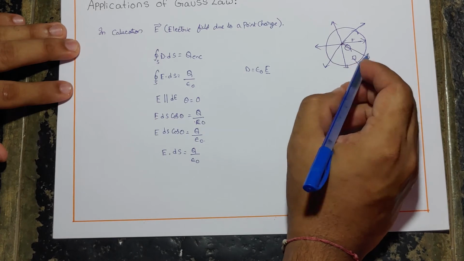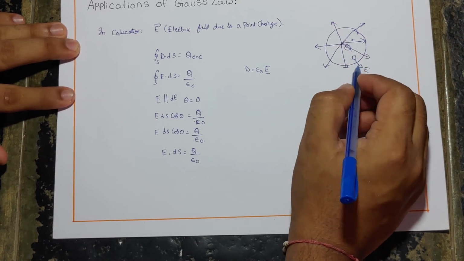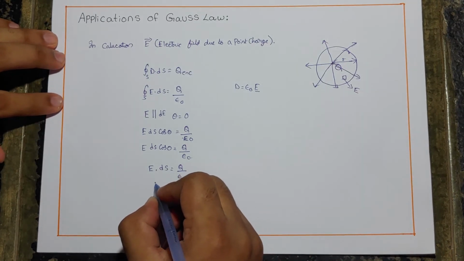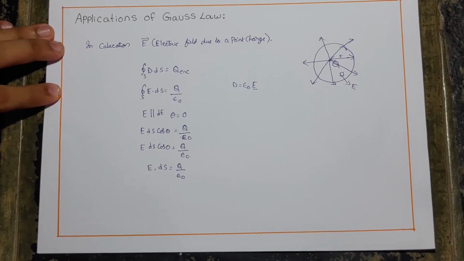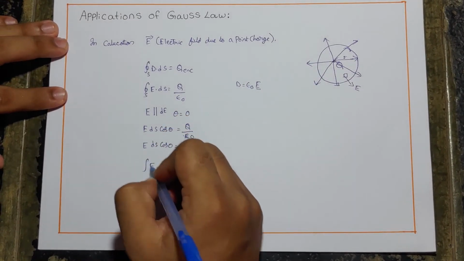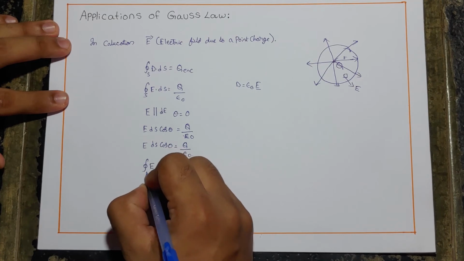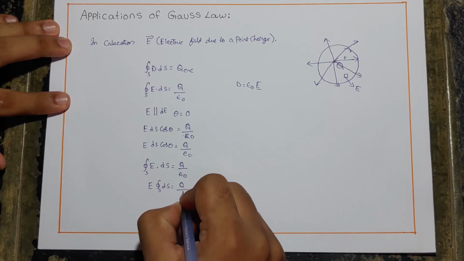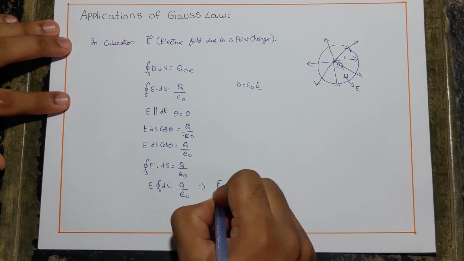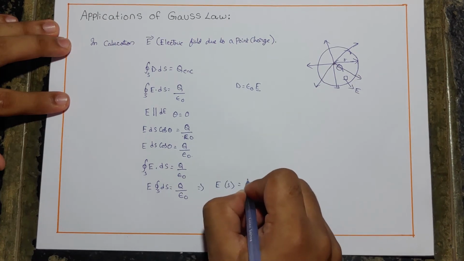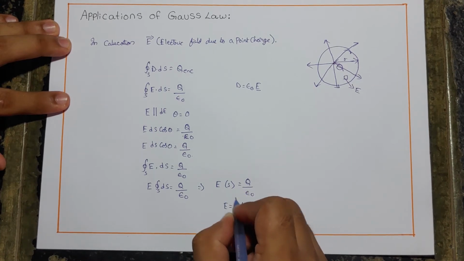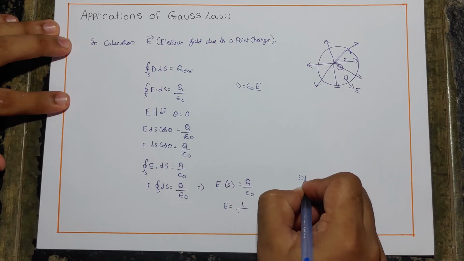As the ds is the surface, here it is a sphere, we know that area is equal to, as it is an integration, surface integral E dot ds, that is E times ds is equal to q by epsilon naught, which is equal to E times of s, where s is a sphere of area, this is 4 pi r square, s is equal to 4 pi r square.